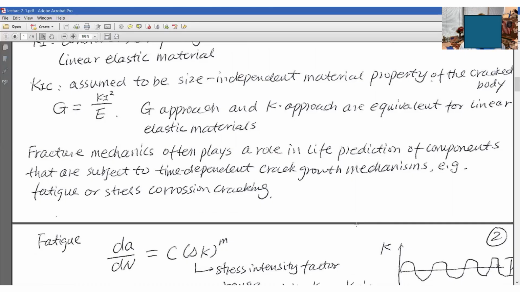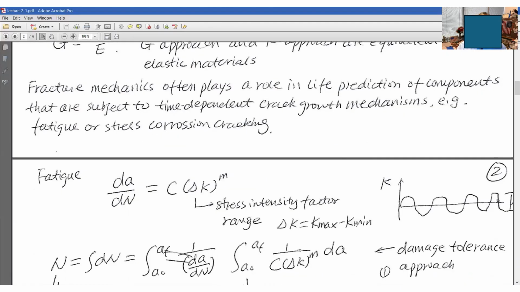Fracture mechanics often plays a very important role in the prediction of components that are subject to time-dependent crack growth mechanisms, for example fatigue or stress corrosion cracking. If you have taken machine design with me, I think you are familiar with this equation, called the Paris law.